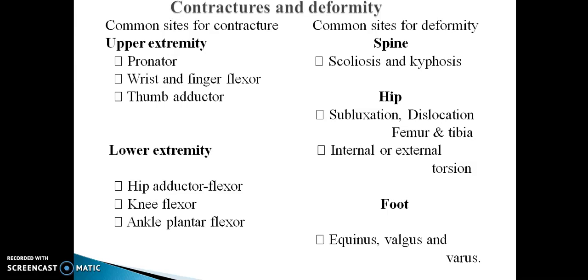That means the child's ability to have good fine motor function will be challenged or limited. These are the areas where the physiotherapist has to play a major role to prevent such problems, after understanding early, in an early intervention area. Thumb adductors are also prone to contracture in the upper extremity.